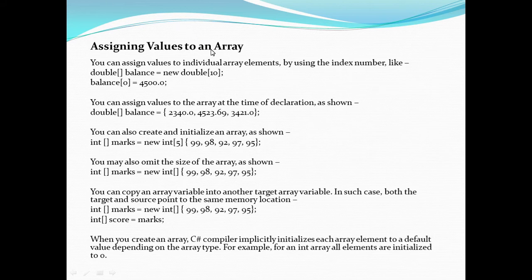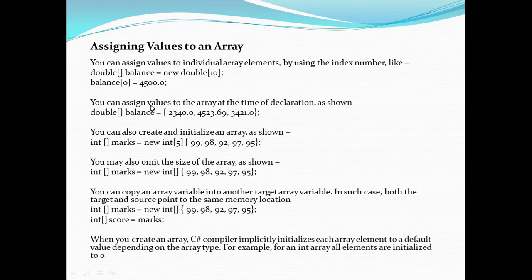Assigning values to the array. You can assign values to individual array elements by using the index numbers, like as we have declared it, and we have assigned a value for the first element, balance[0], as 4500.0.